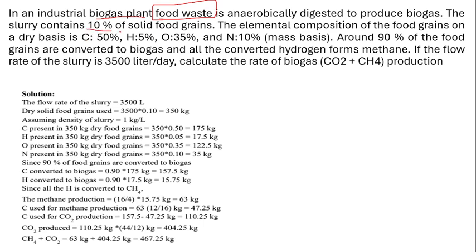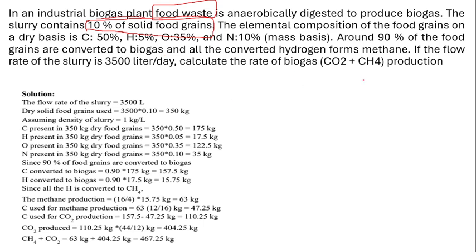Only 10% is the amount of food grain present in our slurry. The elemental composition of the food grain, that is the carbon, hydrogen, oxygen and nitrogen content, is given on a mass basis. One more hint given is that around 90% of the food grains are converted to biogas.